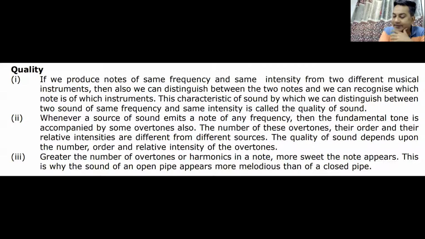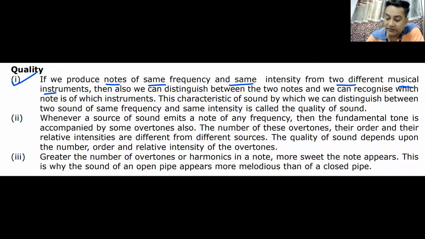Okay, and the next thing is definitely quality. You just have to see what is quality. If you hear sound of the same frequency and same intensity from two different musical instruments, say a sitar and a tabla, or a sitar and a violin, you can make out which sound is coming from which.